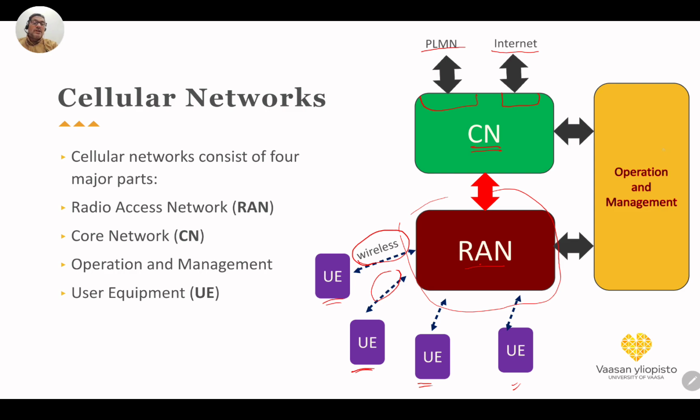And then we have the operation and management, which monitors the whole operations and also takes care of security operations inside the network. So this is generally about the contents of most cellular networks. There are those items: the radio access network, the core network, and operation and management. This is on the network side, and also, of course, the user equipment or the mobile phones.